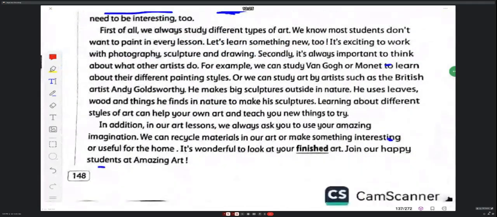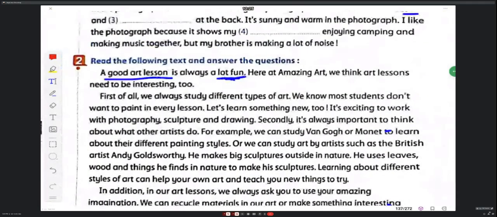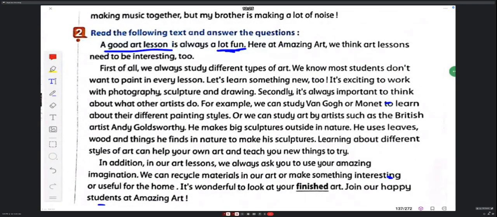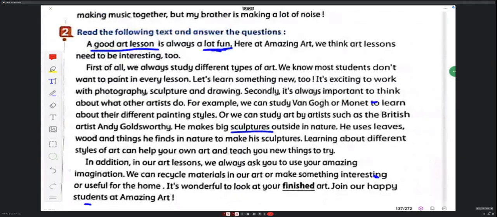Goldsworthy was an artist, but not a painter. I don't think he was a painter. He makes big sculptures outside.